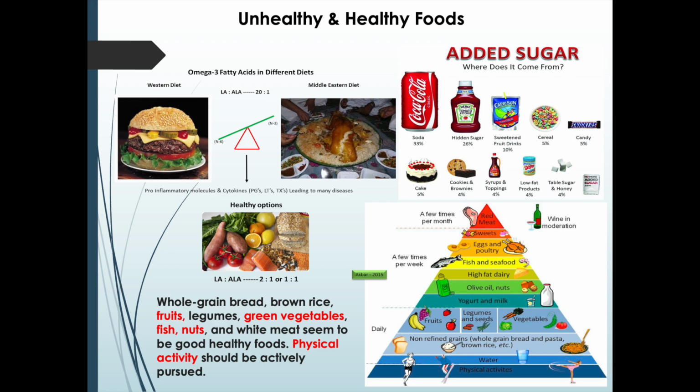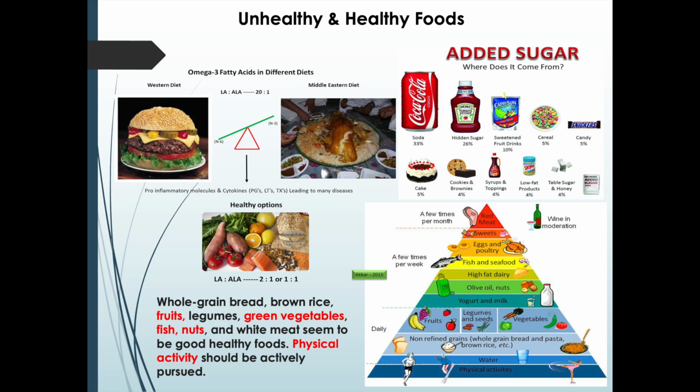If you have more omega-6, then pro-inflammatory molecules, cytokines, prostaglandins, leukotrienes and thromboxanes are all produced, and they are responsible for arthritic pain. Pro-inflammatory cytokines lead to those pains.